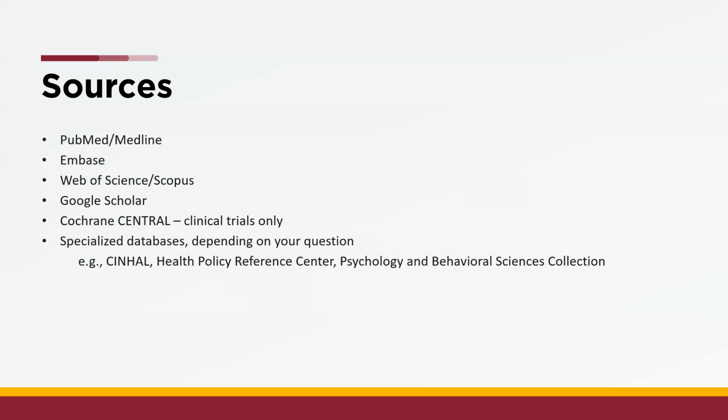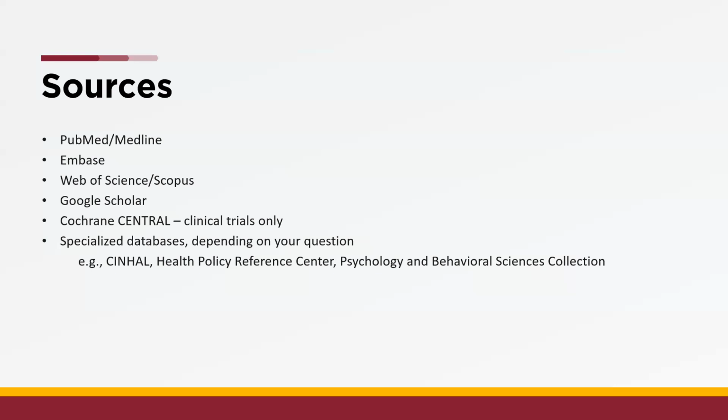But for almost any review, I really expect Embase. And then from there, Web of Science or Scopus. These are two different database products, but they do a very similar thing that we'll talk about later in terms of letting you search sort of backwards and forwards from a single citation.